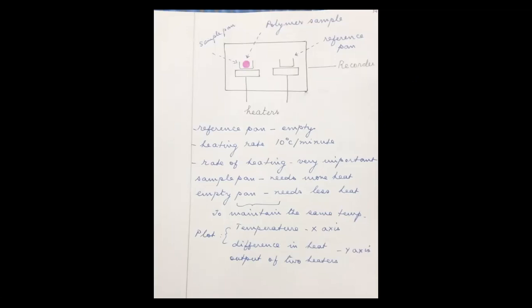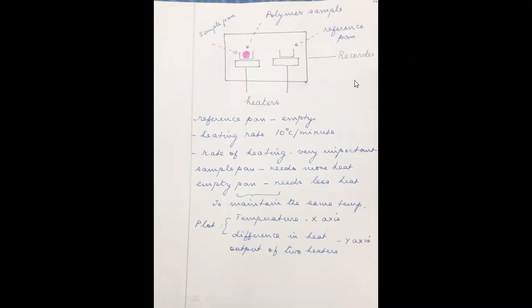See here, the temperature is not important. What is the temperature difference? That is very important. So the output of the two heaters, how do these two heater outputs differ from each other? What is the quantity of the heat energy to be supplied to raise the temperature of one particular substance and the reference, so that the temperature difference is always zero? So that is very important.